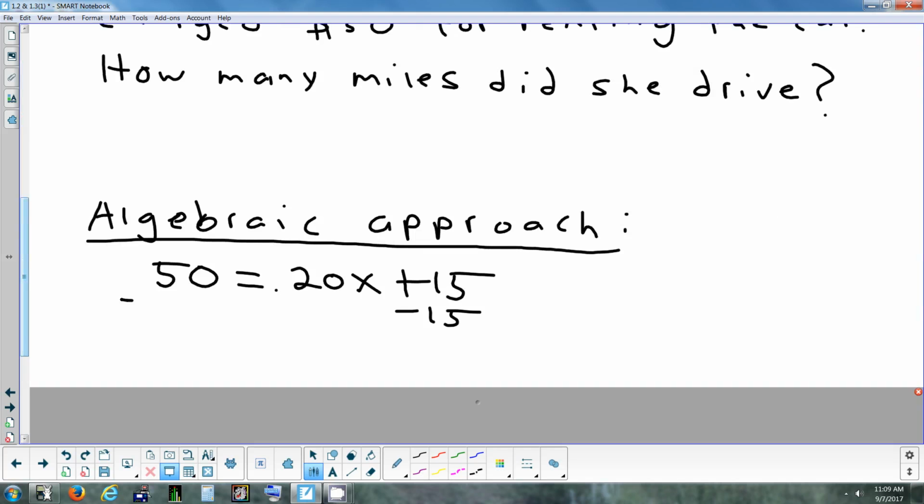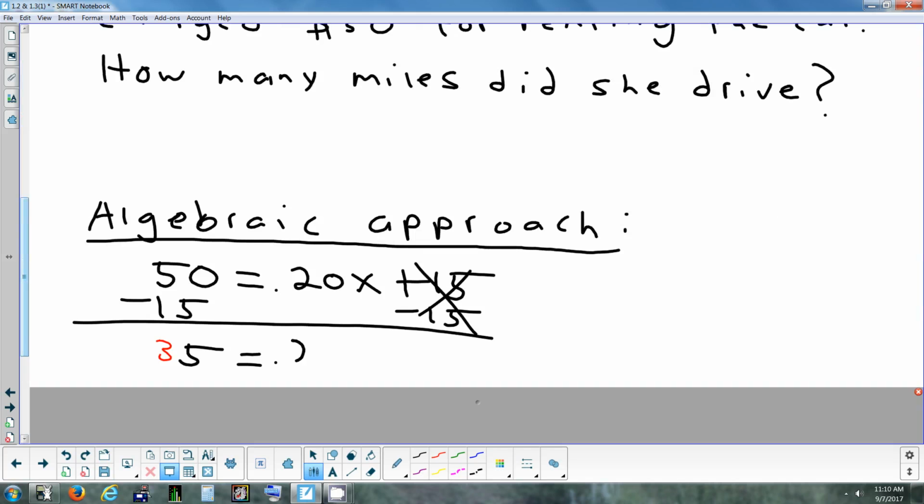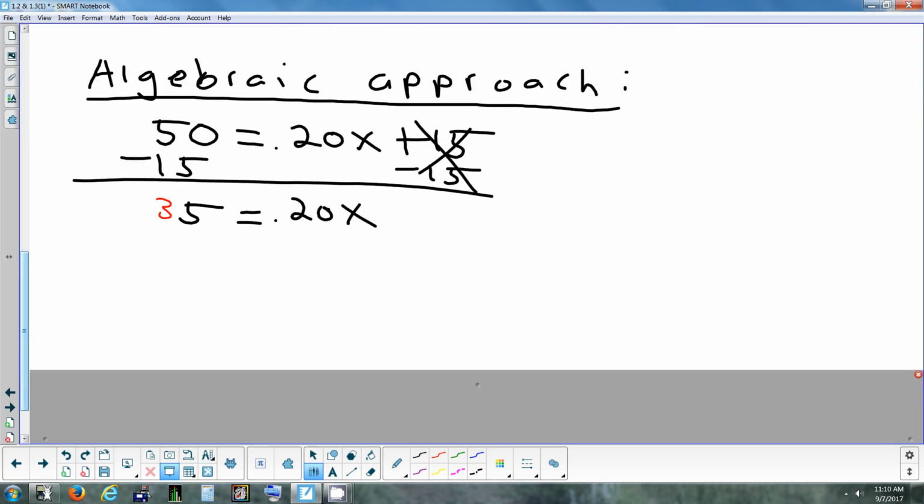Okay, subtract 15. Subtract 15. That's gone. It's all supposed to be the same color. I don't know why that happened. But it's 35 equals 0.2x. And then my last step is to divide by 0.2. Okay, so divide by 0.2. Divide by 0.2. And anybody know what that's going to come out to?